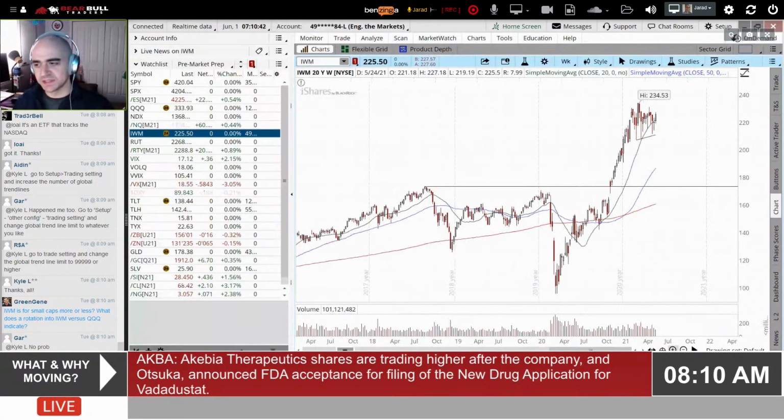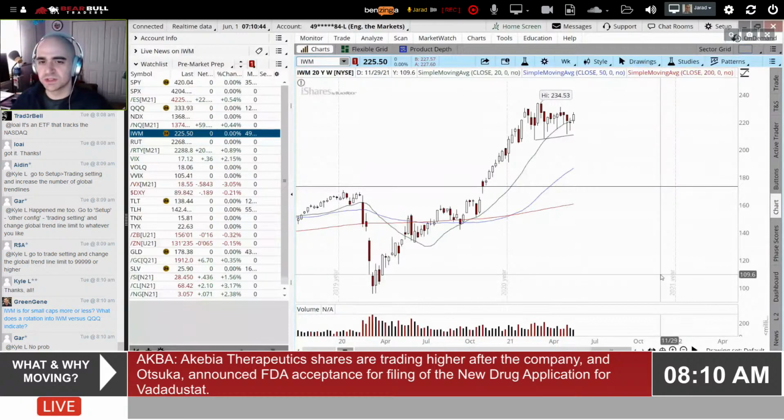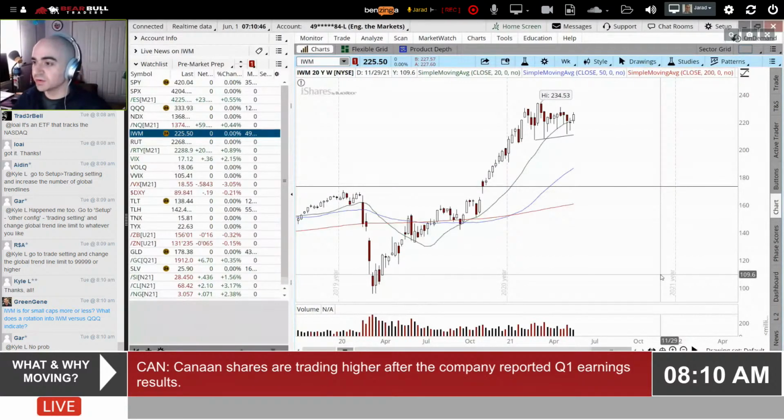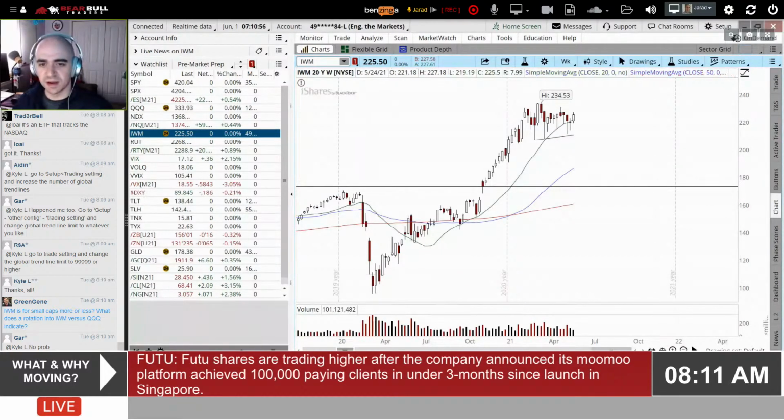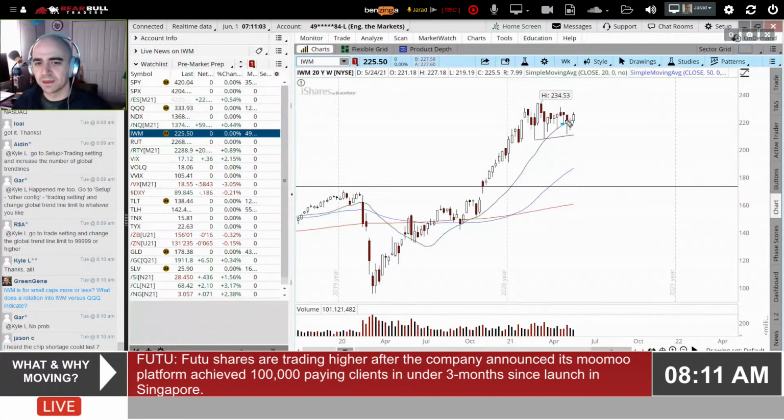And looking at our weekly, we see similar to the Qs, they are starting to close above a 20-period moving average, which we've seen in the past. We've certainly seen tests of this moving average amidst other cycles in this market, but those tests have been met with a lack of follow-through.